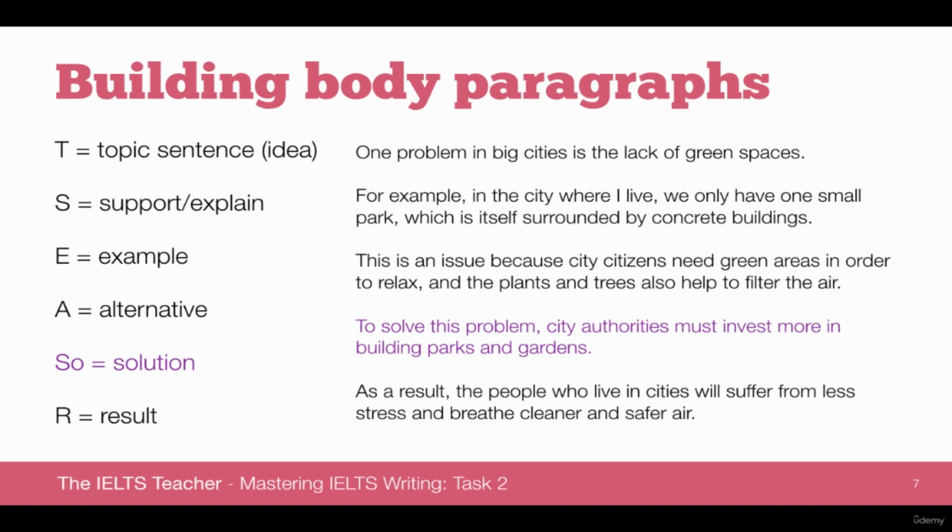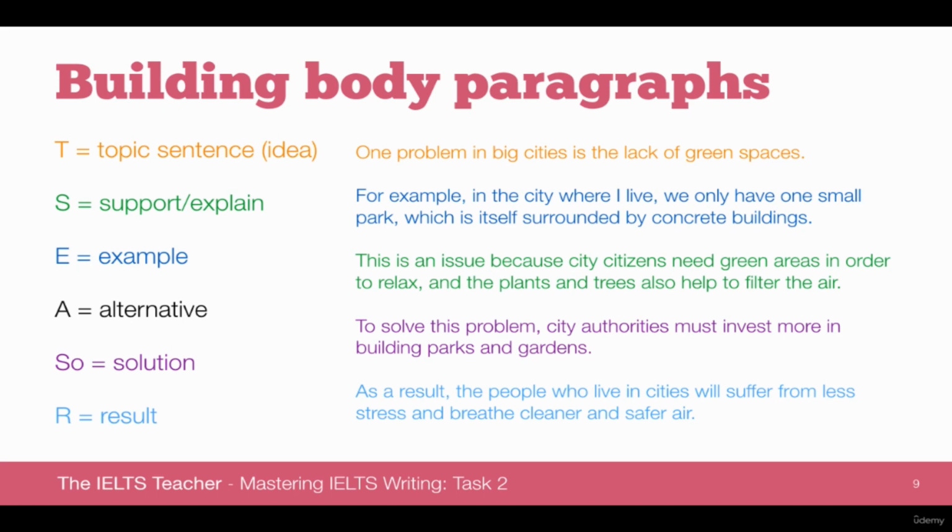To solve this problem, city authorities must invest more in building parks and gardens. Then finally we look at a result sentence, which we denote with the letter R. As a result, the people who live in cities will suffer from less stress and breathe cleaner and safer air. So everything in this paragraph has a purpose.